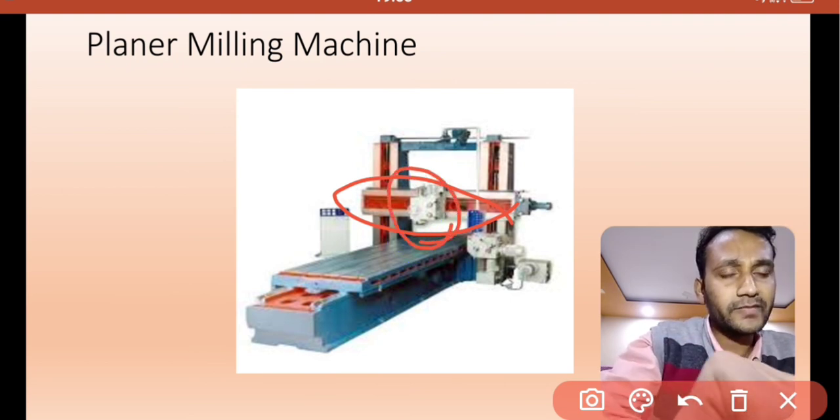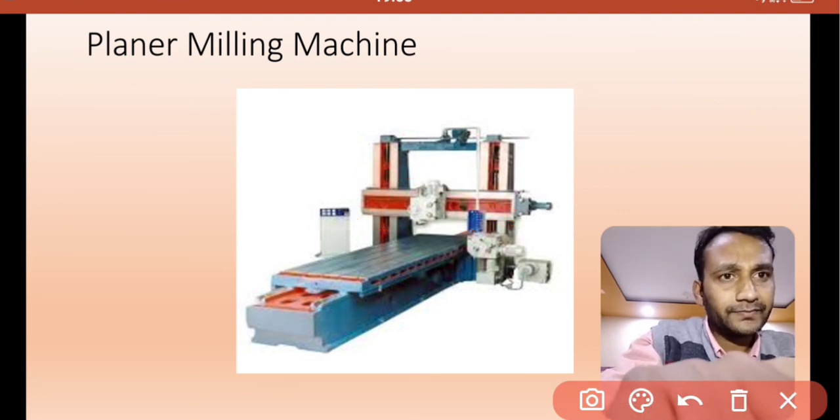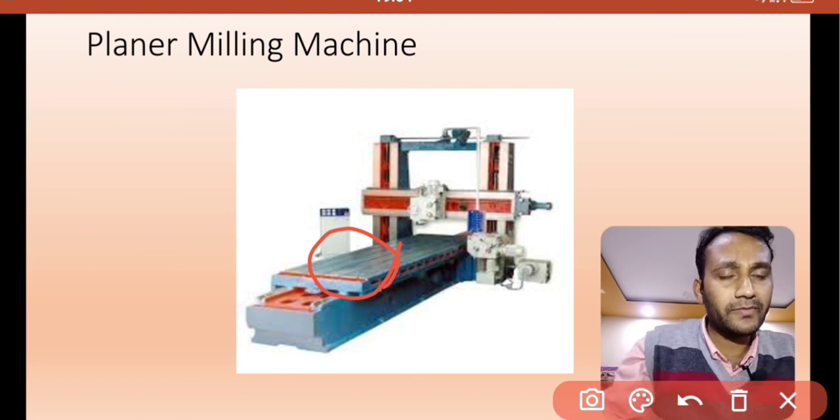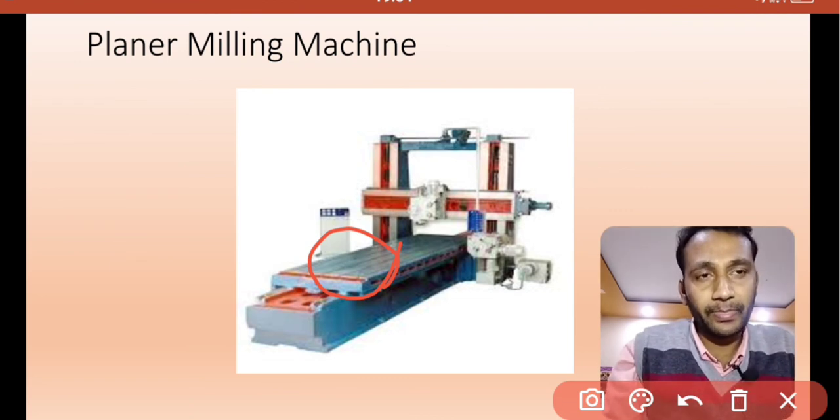This tool head or machine head has the milling cutter. This milling cutter rotates, and this is the table over which the workpiece is mounted, and this workpiece also moves. So we are providing the feed to the workpiece and cutting motion to the milling cutter.